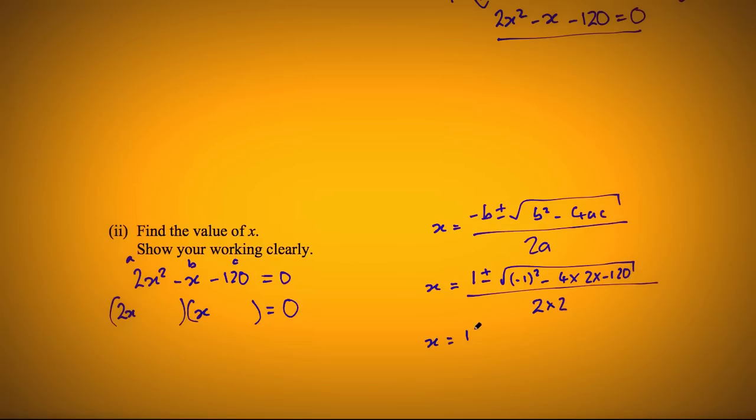So x equals 1 plus or minus the square root of 1 plus, because minus 4 times minus 120 gives you a positive answer, 4 times 120 times by 2 is 960, over 4, which is the same as 1 plus or minus square root of 961 over 4.